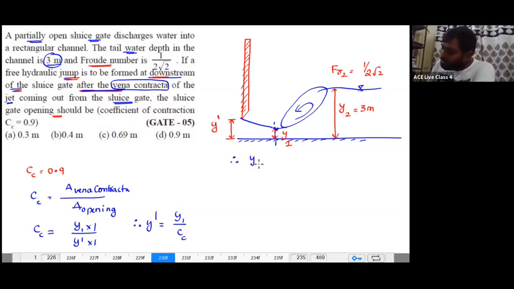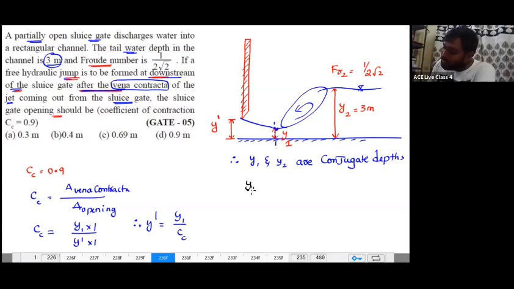So as y1 and y2 are conjugate depths, these are conjugate depths or not? So from the Fr2 concept, now I have Fr2. When I have Fr2, now can I use one relation? The sequent depth ratio is there or not? That is y2 by y1.